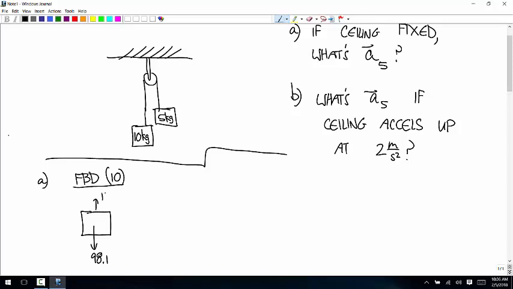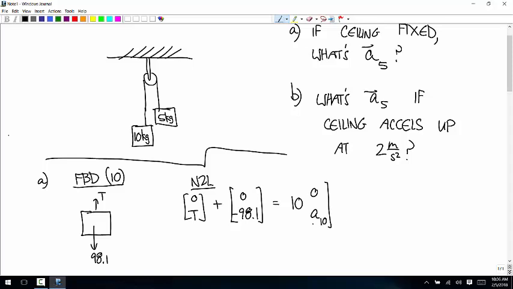There's an upward force, T. And so Newton's second law says 0, T plus 0, negative 98.1, is equal to the mass, 10, times the acceleration. We can tell pretty easily from this that the acceleration is going to be down, but we're not even going to mess with that. You'd never have to make that prediction. The only thing we have to notice is that the acceleration is going to be vertical. So I'm just going to write this as 0, A10. Okay, acceleration of the 10.